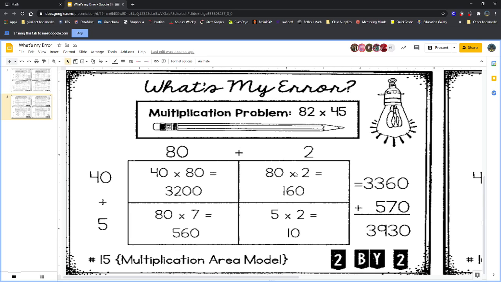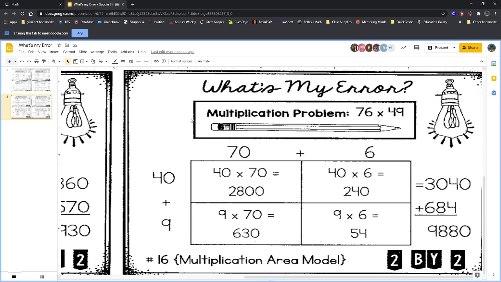If I look here, you're right. There's a 2, but they multiplied it times 80, not times 40. This one actually had a second mistake too. This one was harder to find, I think. So they did 80 times 7, which is also wrong. They got 560 and they put 570 over here. This one even had a couple of hidden mistakes.